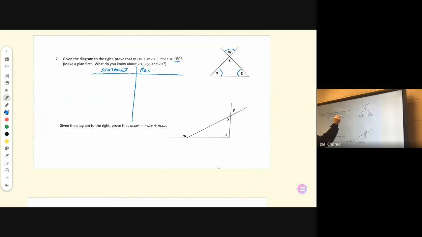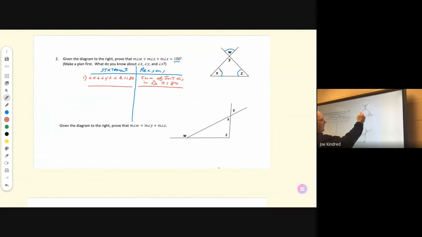and my reasons here. My first thing is I'm going to write a statement that says angle X plus angle Y plus angle Z is equal to 180. And the reason is because the sum of the interior angles in a triangle equal 180. So that's statement number 1.